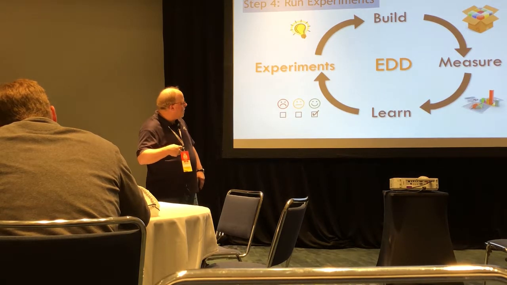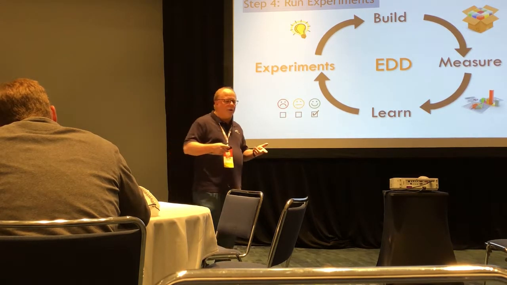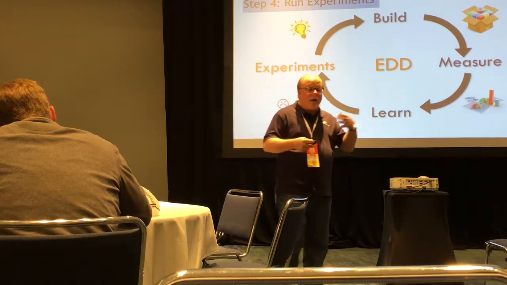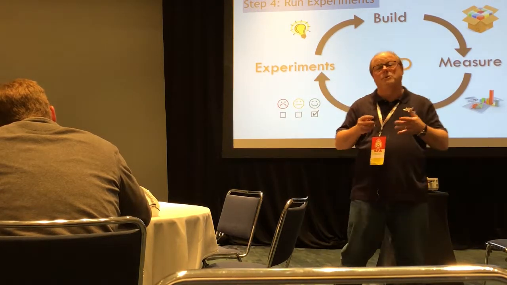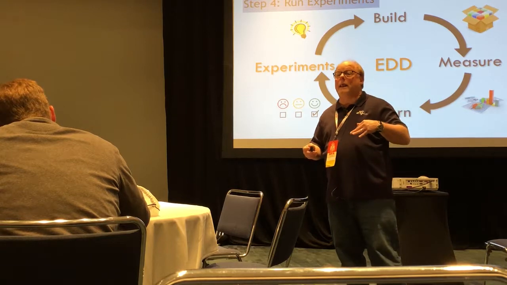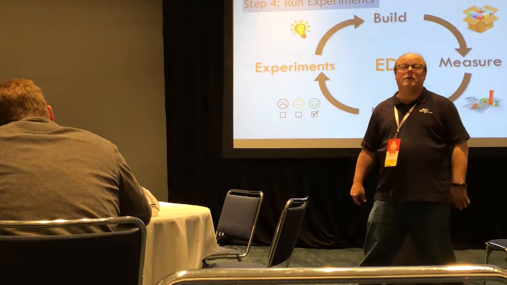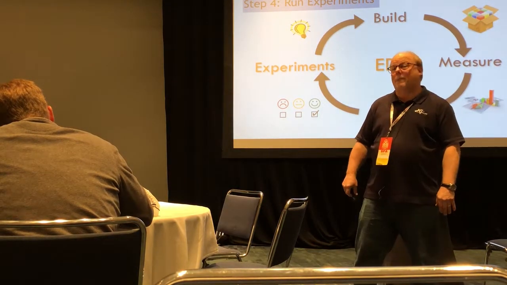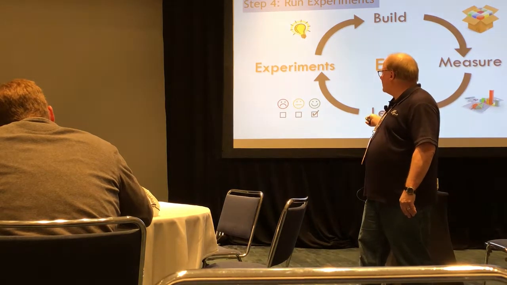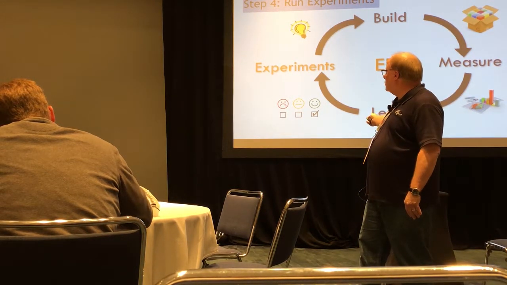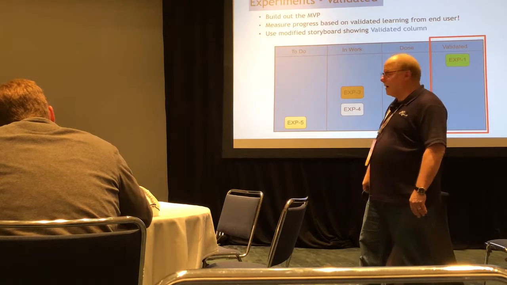Learnings will often cause adjustments to your experiment backlog, and may also cause some adjustments to your assumptions. And in the pretty rare case, you'll even adjust your hypotheses based on the learning. So definitely some reevaluation and reordering there.